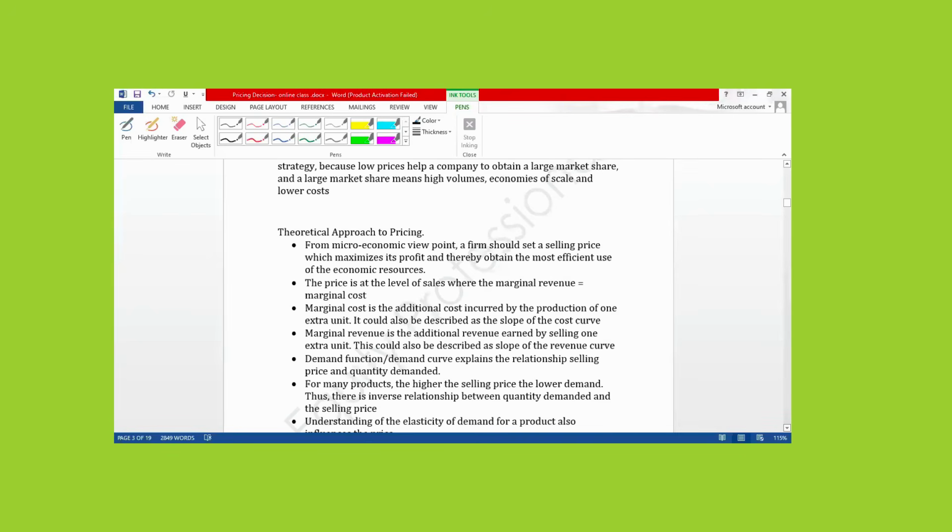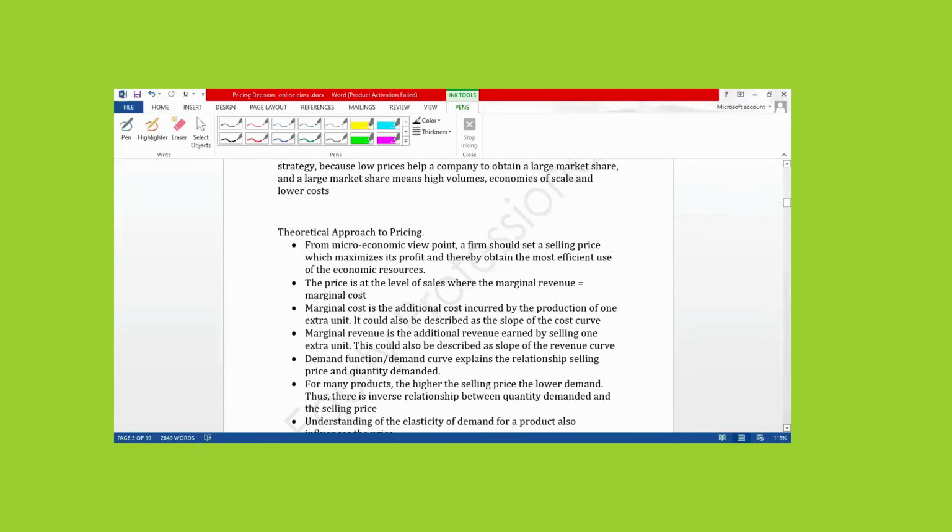From theoretical, economic viewpoints, firms are expected to set selling prices that maximize their profits, because we are in business to make profits.